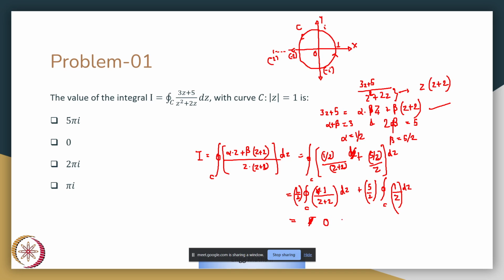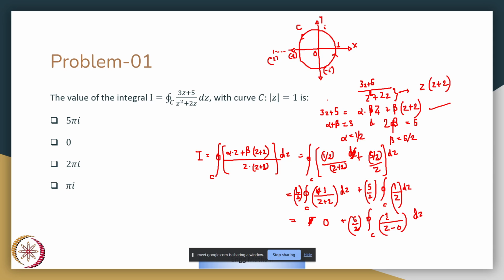So we have 0 plus 5 by 2 times the integral over curve C. I can rewrite this as 1 upon z minus 0 dz. z equal to 0 lies inside my closed curve C.